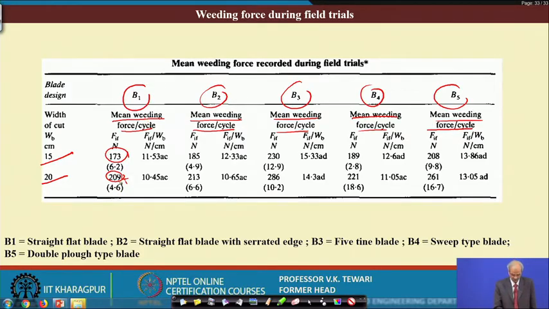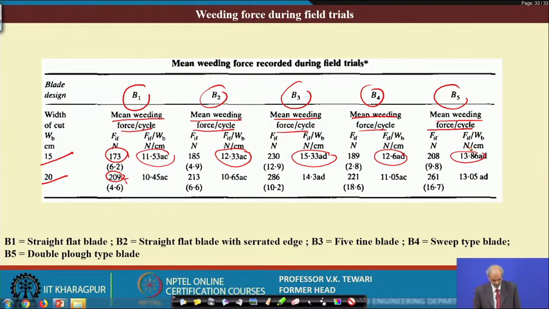So, mean plus standard deviations in the brackets are given here. We can see B1, B2, B3, B4, B5, and the force in N per centimeter for each.